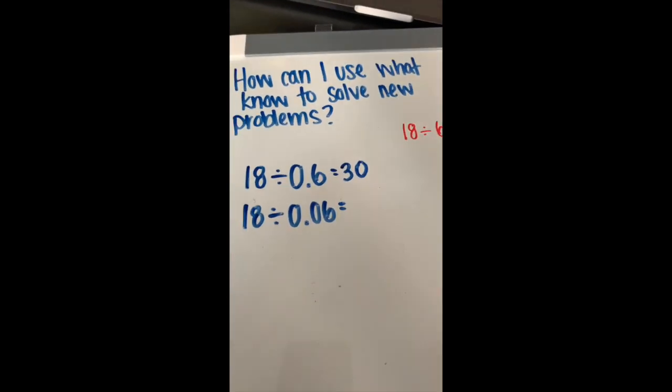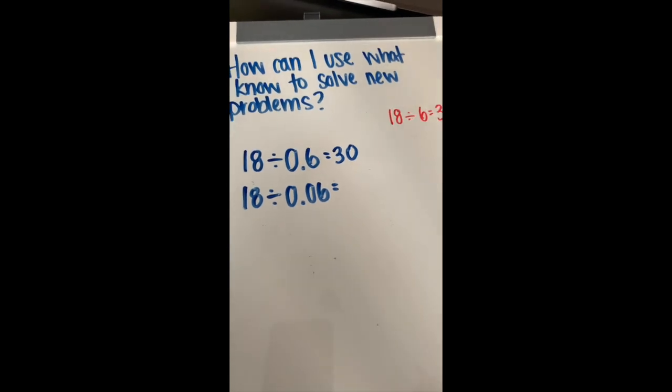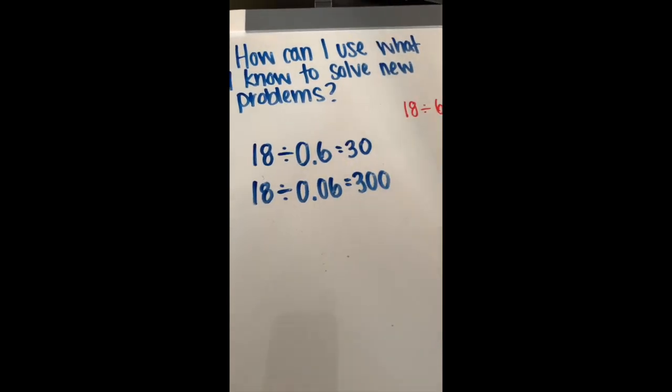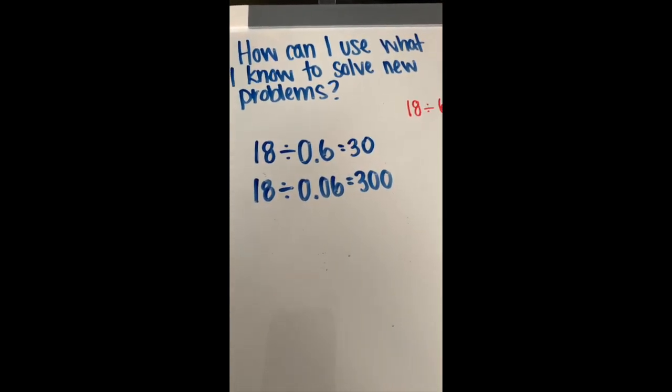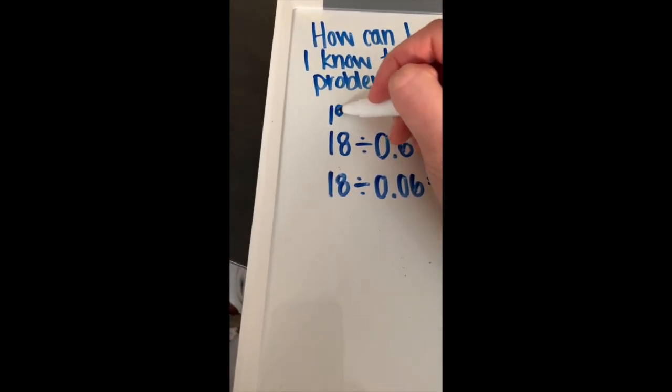And I'm going to think about this relationship again. If I have 6 hundredths and I'm going to get to 18, I'm thinking that my answer is going to be 300, because I'm noticing this pattern here.